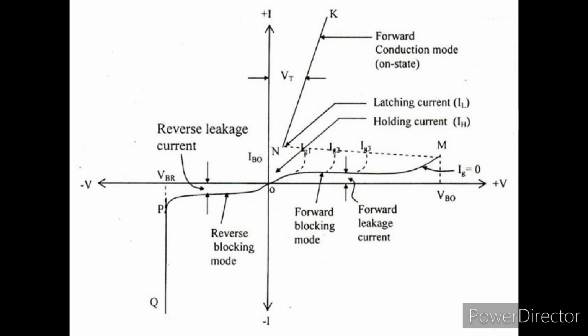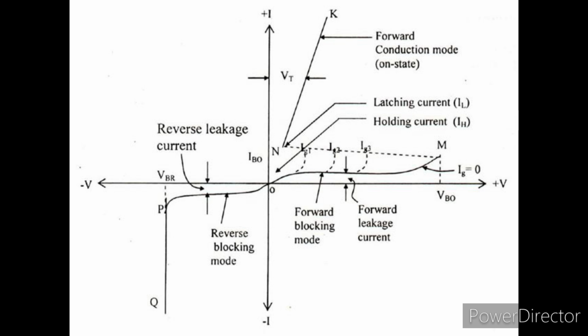So we have seen two types of triggering methods for SCR: one is direct gate triggering and the second one is forward voltage triggering. We also have other types of triggering such as dV by dt triggering, temperature triggering and light triggering. In forward blocking mode, junction J2 is reverse biased, right?